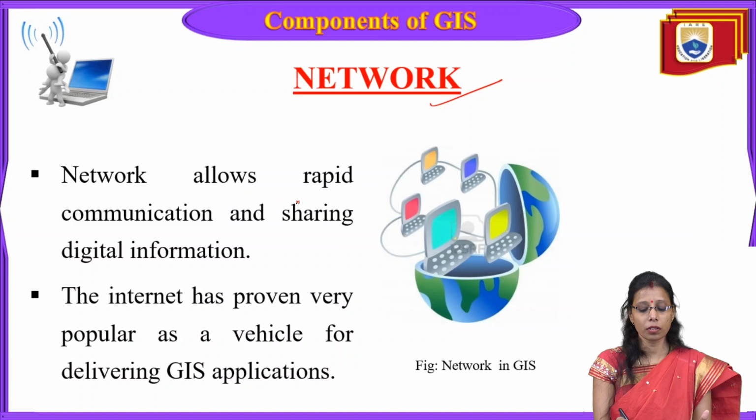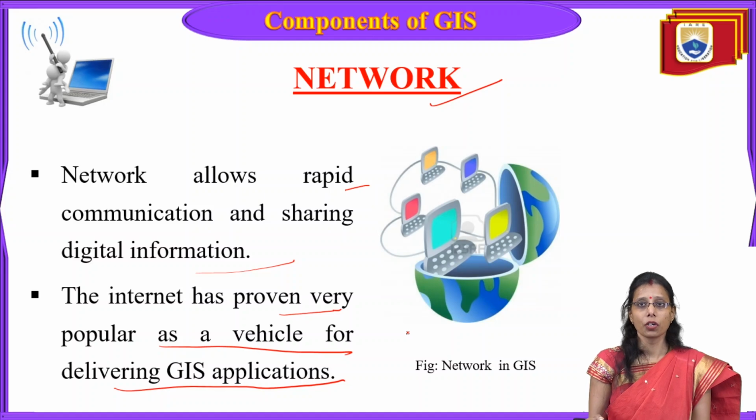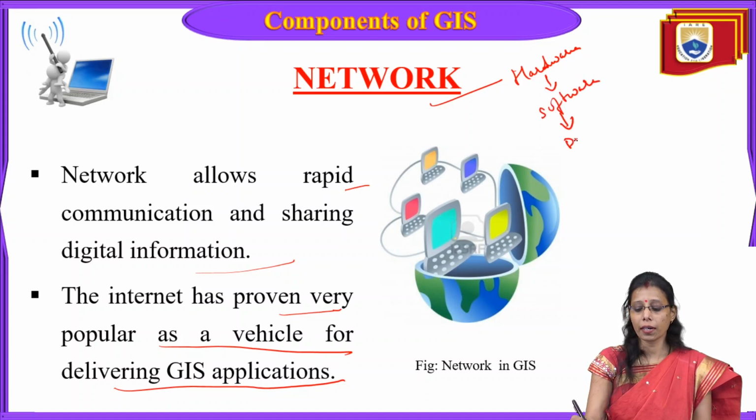So network allows rapid communication and sharing of digital information, and the internet has proven very popular as well as vital for delivering GIS applications. So if you have hardware, software, data, and people, then later what you need is network.